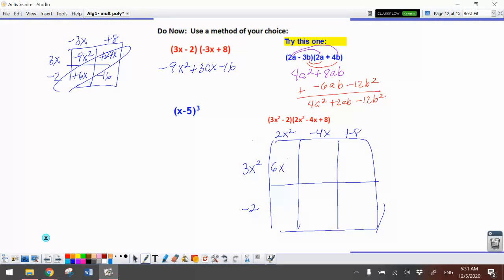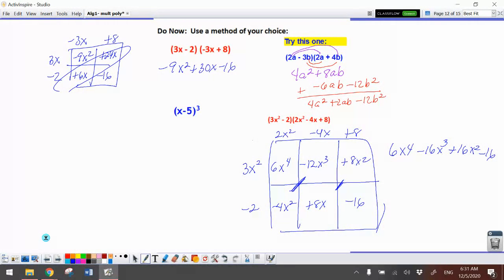So that's 6x to the 4th minus 12x cubed plus 8x squared minus 4x squared plus 8x minus 16. Combining on the diagonal, 6x to the 4th. If I combine here, I see a negative 16x cubed. And here, a positive 16x squared and a negative 16.